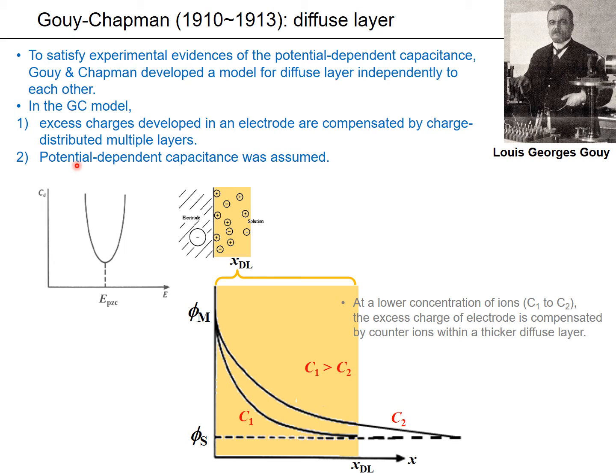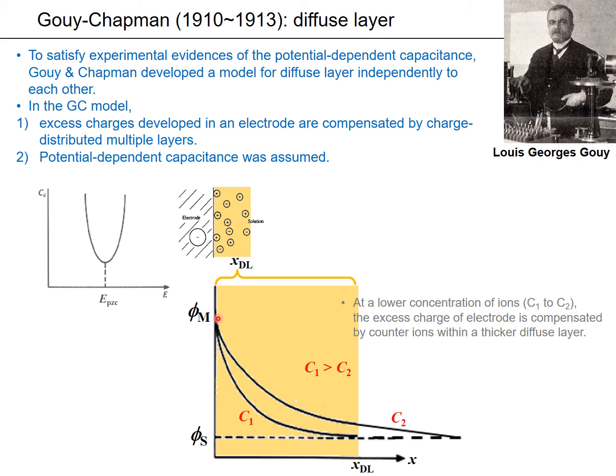And also in the Gouy-Chapman model, potential dependent capacitance was assumed. So let me take a look at the Gouy-Chapman model in advance. Here is the potential profile. The x-axis, as you know, is the distance from the electrode surface toward the bulk electrolyte. The y-axis is the potential. The starting point is, of course, the potential of the metal plate.